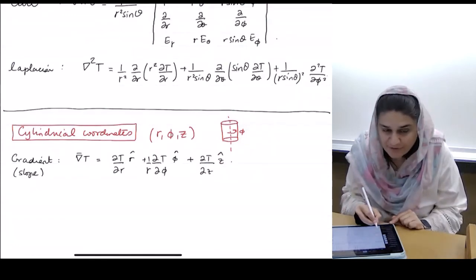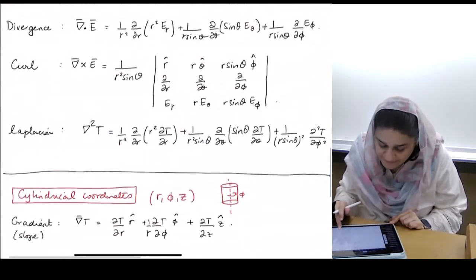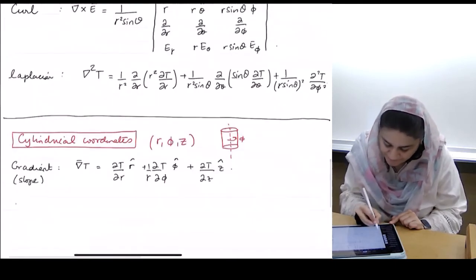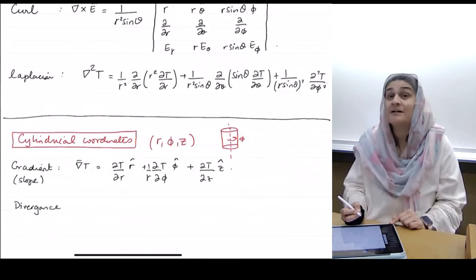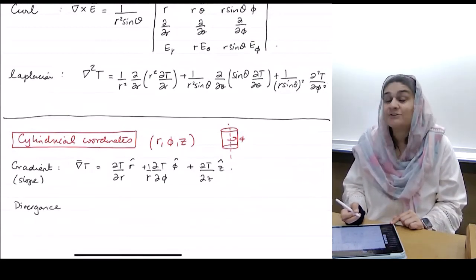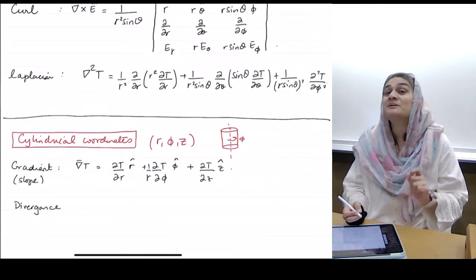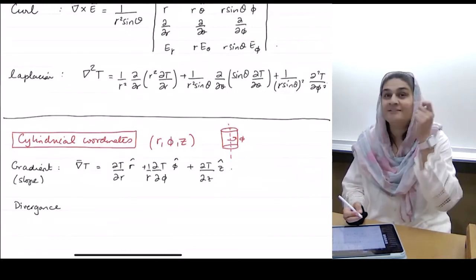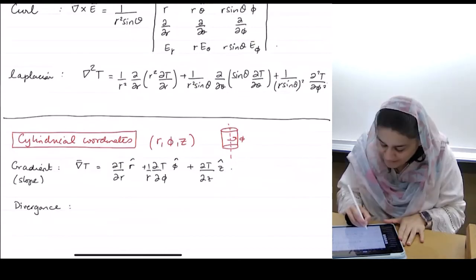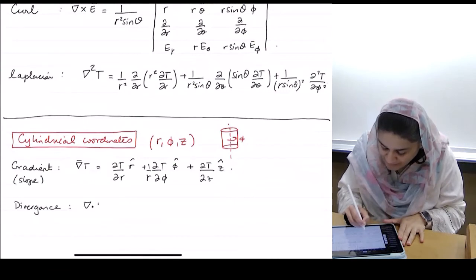Next one is going to be, what was it? Divergence. And divergence is the dot product. So the answer for divergence will just be a scalar, just a number. And it will be a dot product.